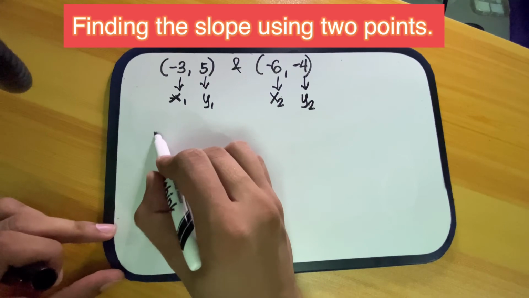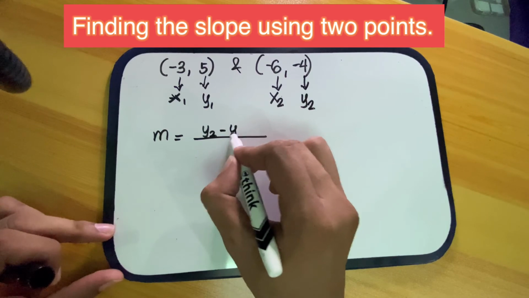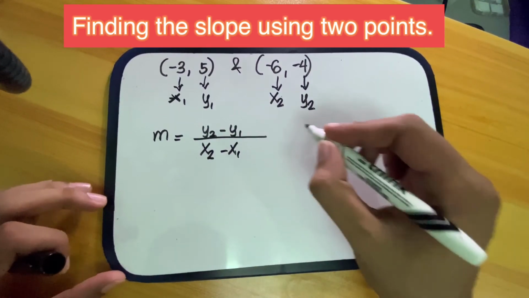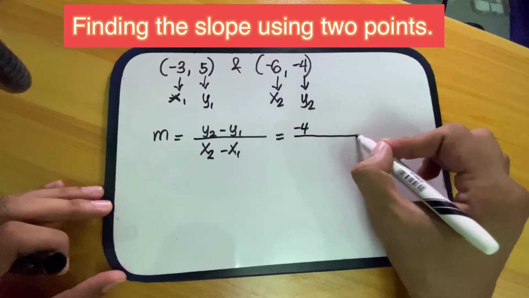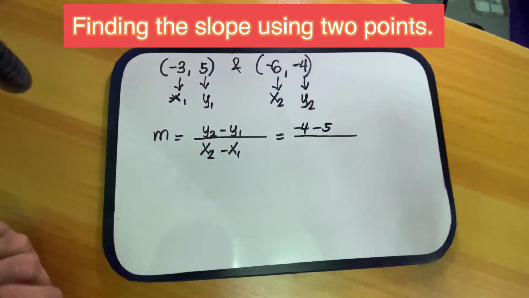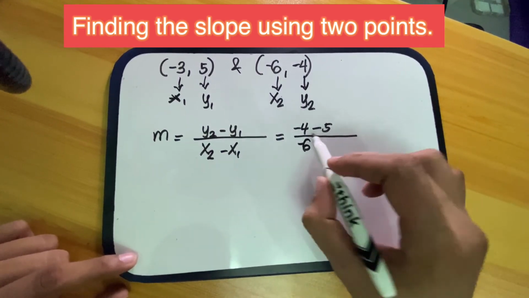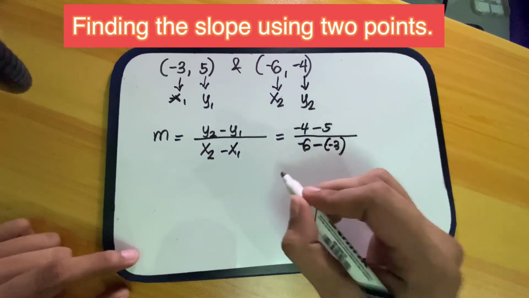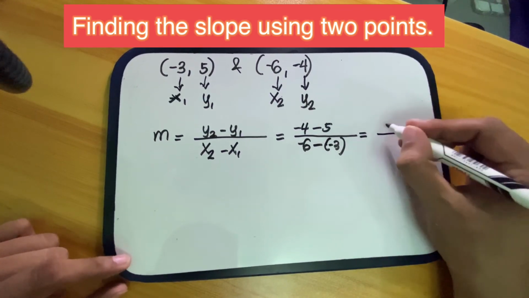So let's recall the formula: m is equal to y sub 2 minus y sub 1 all over x sub 2 minus x sub 1. That is y sub 2, negative 4, minus your y sub 1, which is 5, over x sub 2, negative 6, minus x sub 1, negative 3.